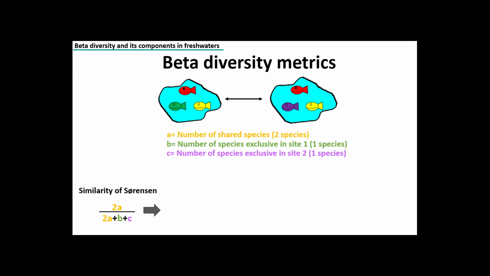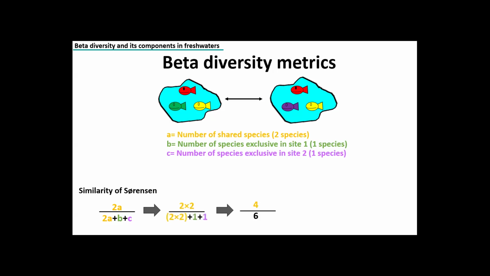Now we can calculate the similarity according to this index. Here is the index. Now we know what the A, B, and C mean. It's very simple. And we can calculate it. So 2 multiplied by 2 is 4.